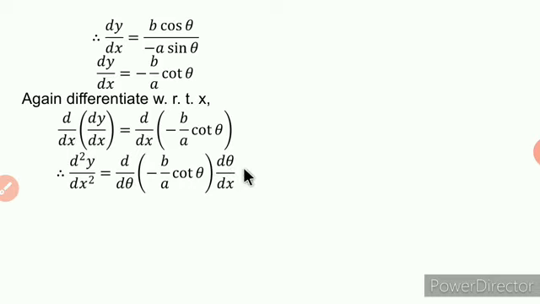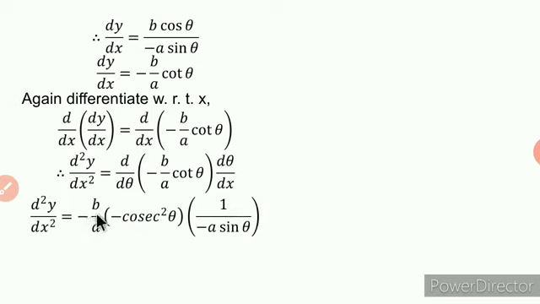Now we find the value for dx by d theta and use that value here. We know dx by d theta is minus a sin theta. We require its reciprocal, and so we get it is equal to minus b upon a into minus cosec square theta, the derivative of cot theta is minus cosec square theta, into the value of d theta by dx, which is 1 upon minus a sin theta.